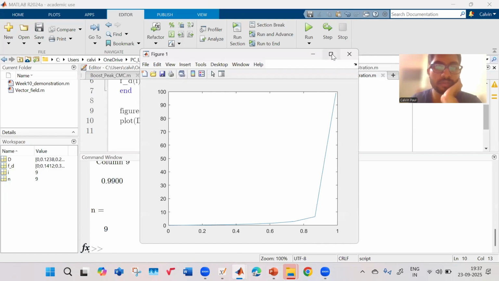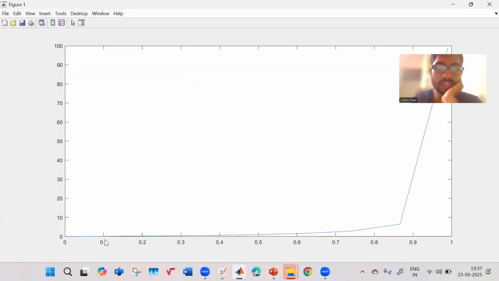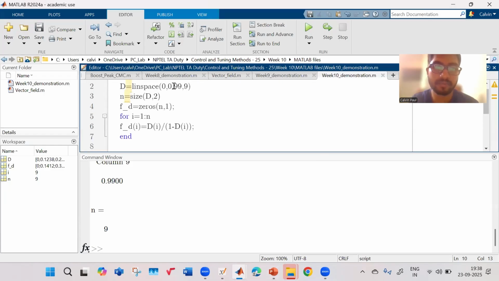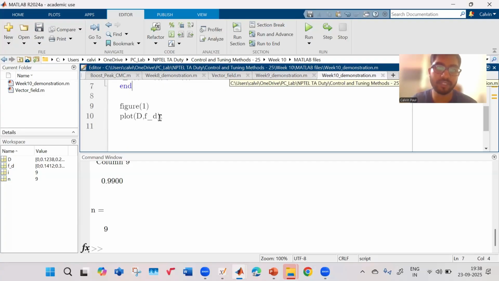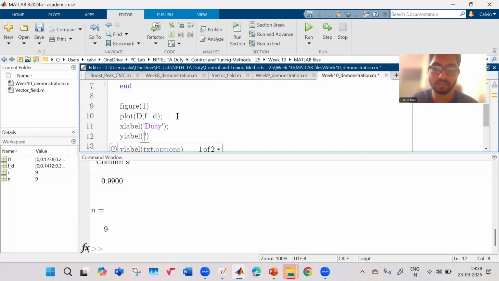So as your D is increasing, your function of D also will increase. This we can observe. Let me change the range of D also, from 0 to 0.8 itself. Let us not go for very high duty. Its x label is your duty, and the y label on the y axis is your function of D.